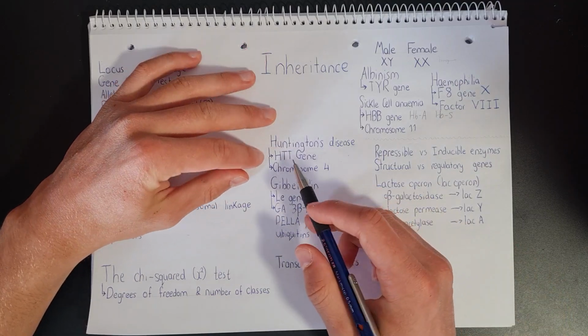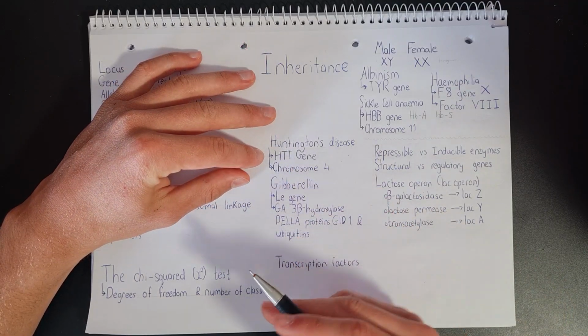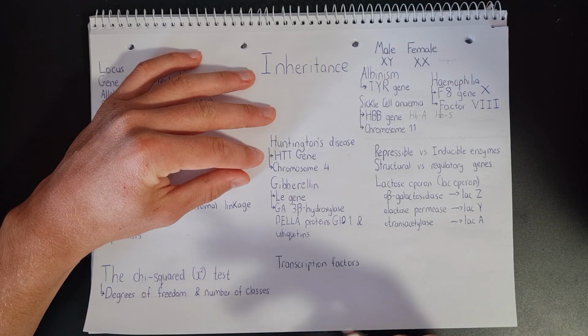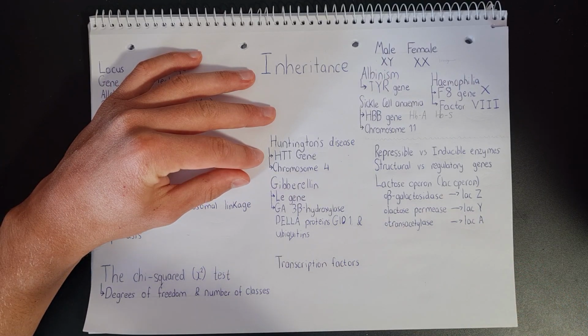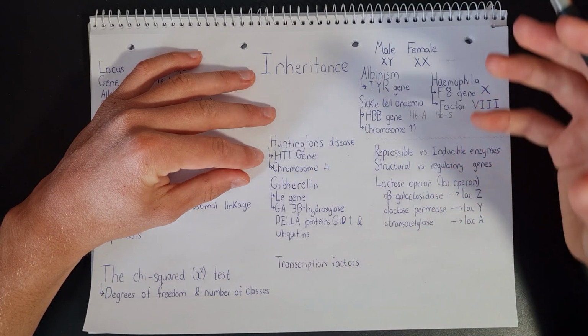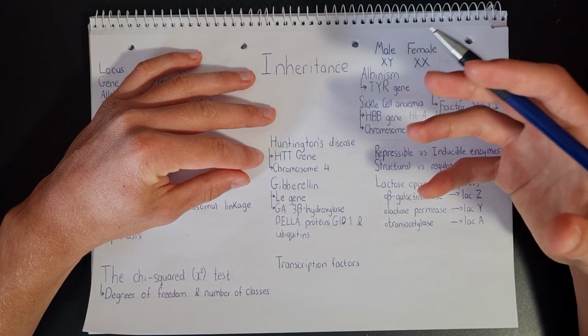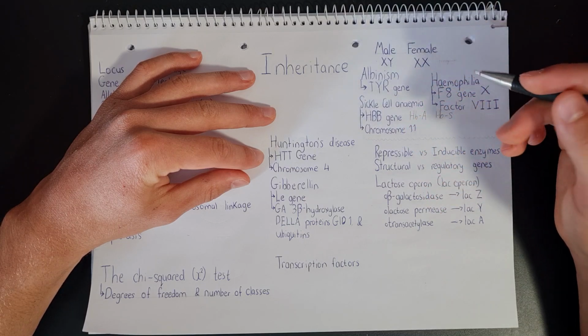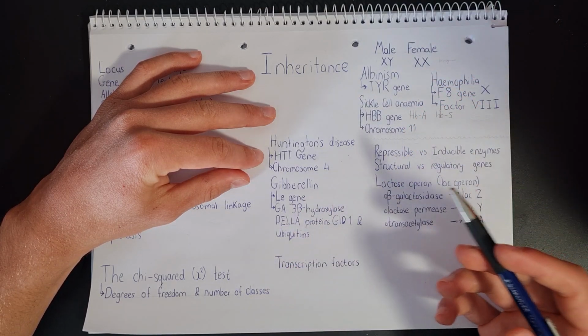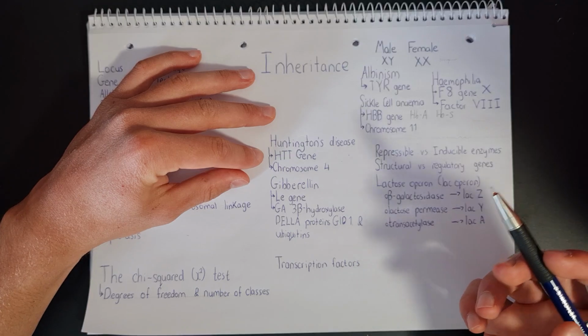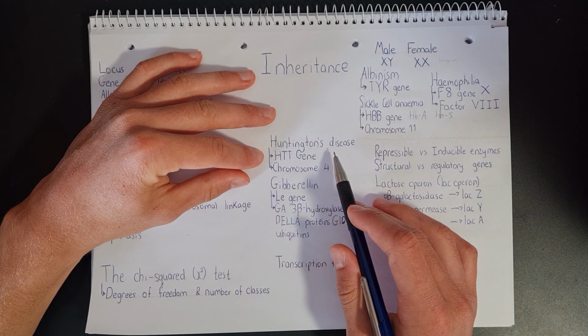And what happens is the HTT gene codes for a protein called Huntingtin. Now, where there is a mutation, there will be many repeats of the glutamine amino acid. Now, the more repeats of the glutamine amino acid that there are, the more severe Huntington's disease is.